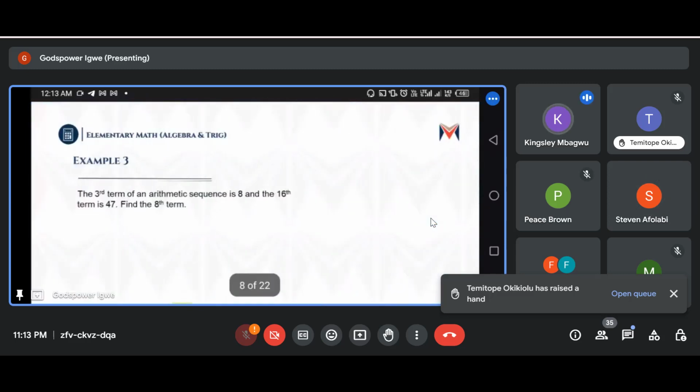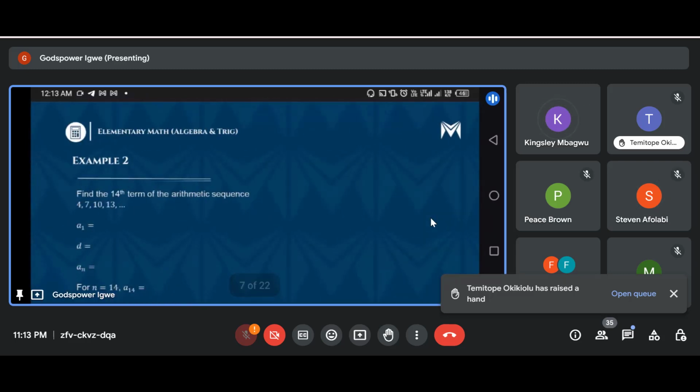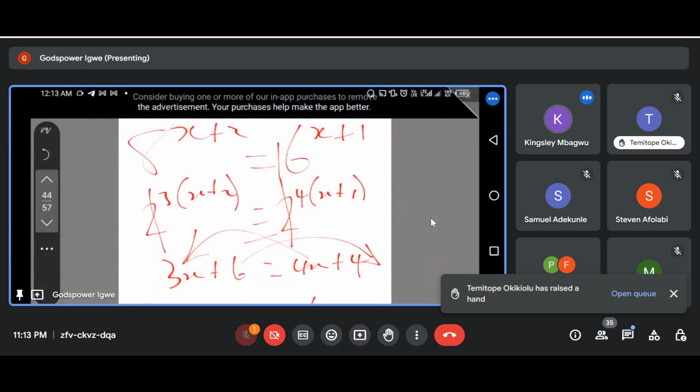Find the fourth term of the arithmetic progression. What will be the 14th term for you? Let's solve this together so everybody will see.